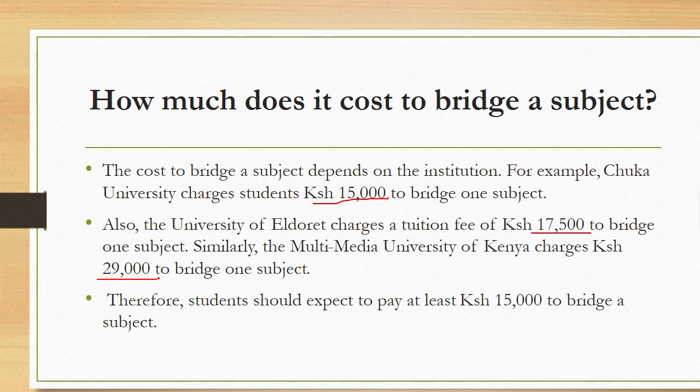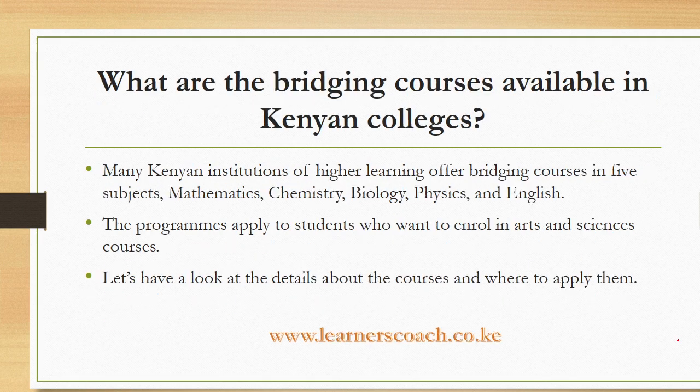So roughly, in most institutions, you need between 15 to 20,000 Kenya shillings to bridge for this particular course, and this is per subject. So if it is 15,000 and you want to bridge three subjects, you have to part with 45,000 Kenya shillings because those are three subjects. Good.